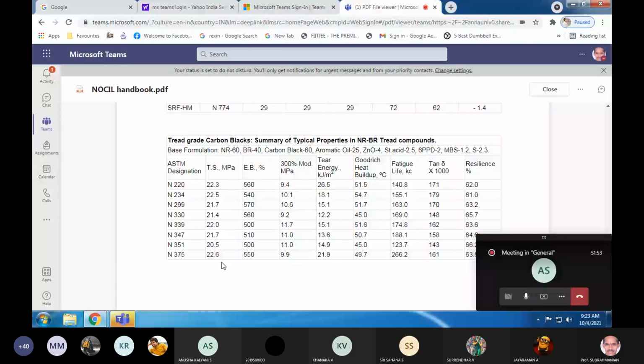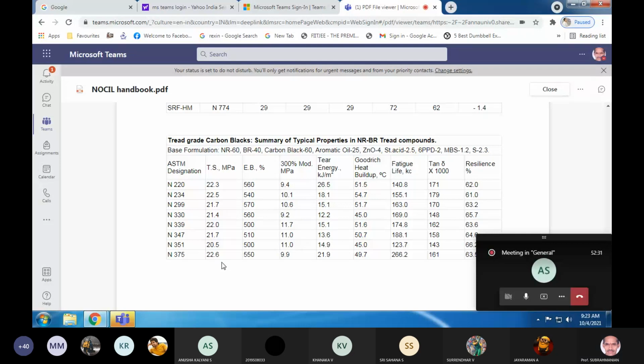Right. And what is the base formulation? It is a blend of NR and BR. What is special about BR? You must have studied. That is the best example of a solution polymer, and the best rubber known for its resilience.